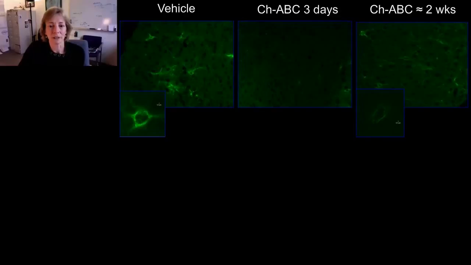This was 3 days later. You can see very few, maybe one net, very lightly stained. And then you can see about 2 weeks later, these nets are starting to reform. But you can see that the nets, if you look at the higher magnification on the right-hand side, have not been fully reformed, and they're very thin and not very intense, and really generally not wrapped around the dendrites.